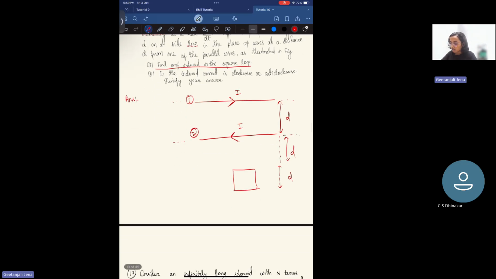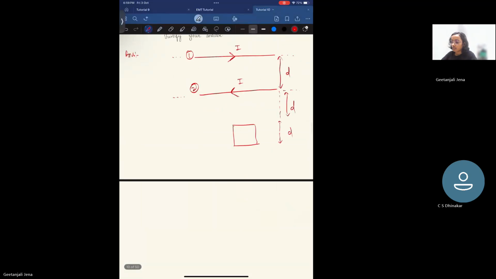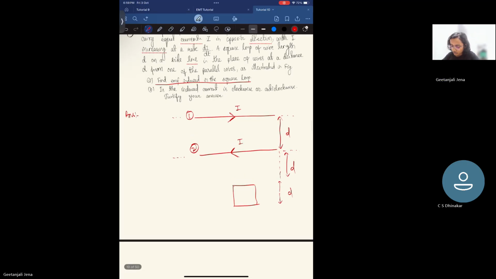So let us quickly solve it. Because of wire 1, we'll have a flux on the square loop, and because of wire 2, there will be a flux on the square loop.